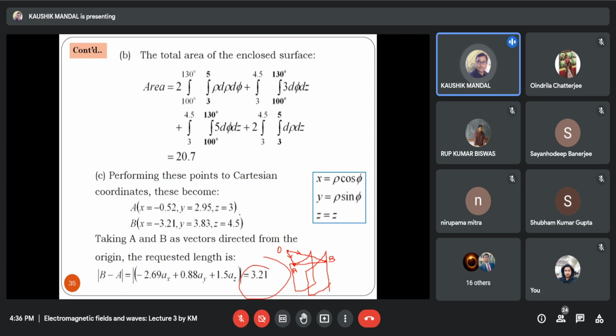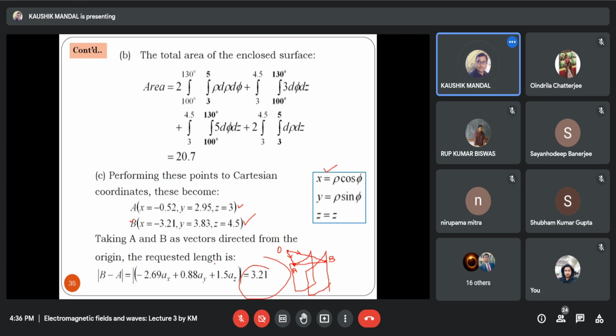So first you find the position of A in terms of Cartesian coordinates. You can easily find it using these equations. Then you find the point on the second cylinder.